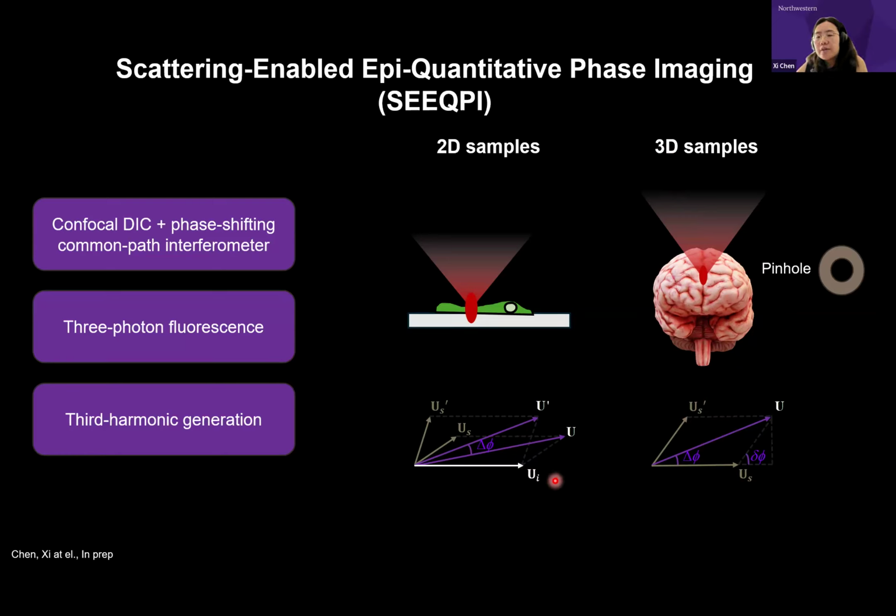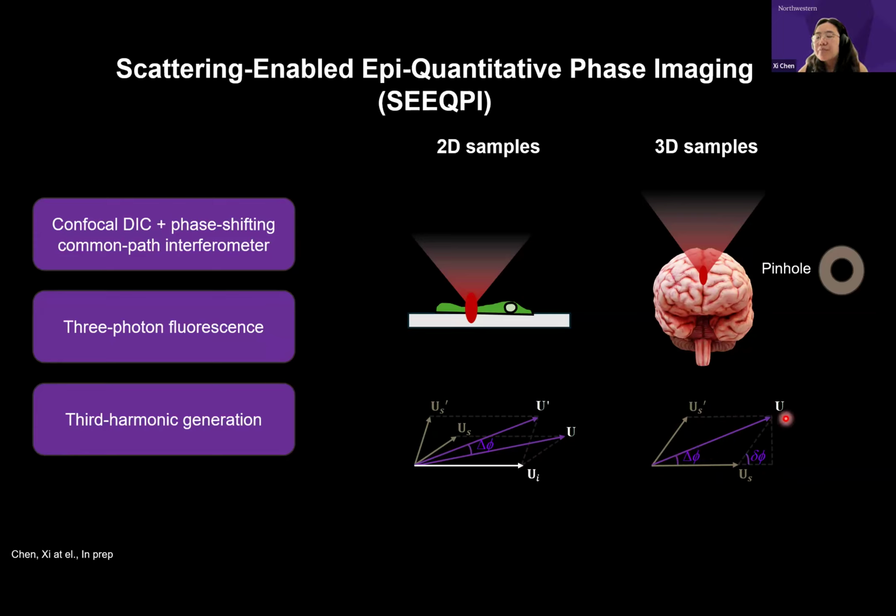This UI is important in the QPI algorithm, because UI serves as a reference to tell you the relative shift between UI and US. For the 3D samples, you do not have UI anymore. You do not have this reference anymore. So we need to introduce a new reference. Now we introduce the summation of the two, US and US prime, as the reference. This U, the summation of two complex variables, now serves as a reference.